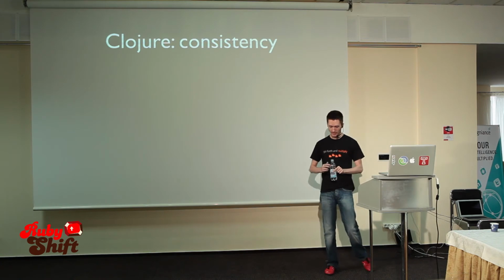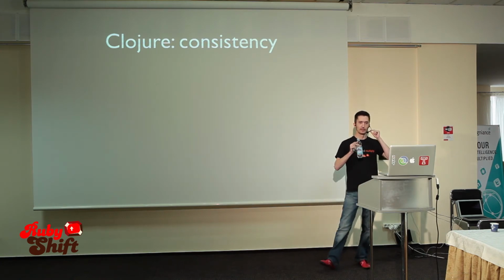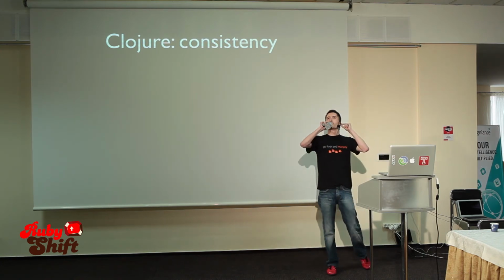So, consistency is another thing that I really like. In particular, because it's a functional language, you work with collections and sequences a lot. There are obviously multiple implementations of collections, like sets, vectors and so on, and you use the same functions to work with them.